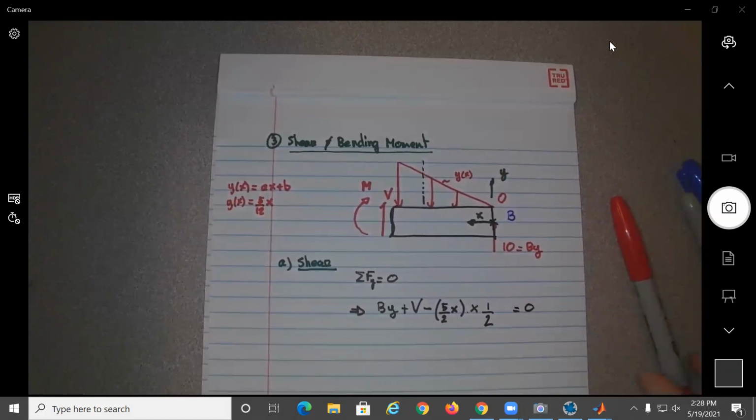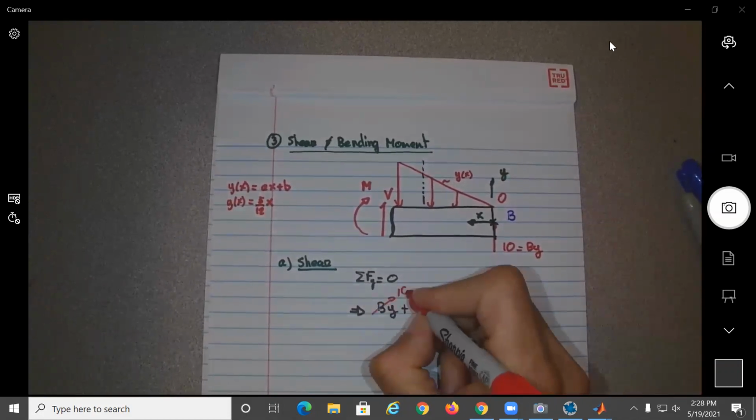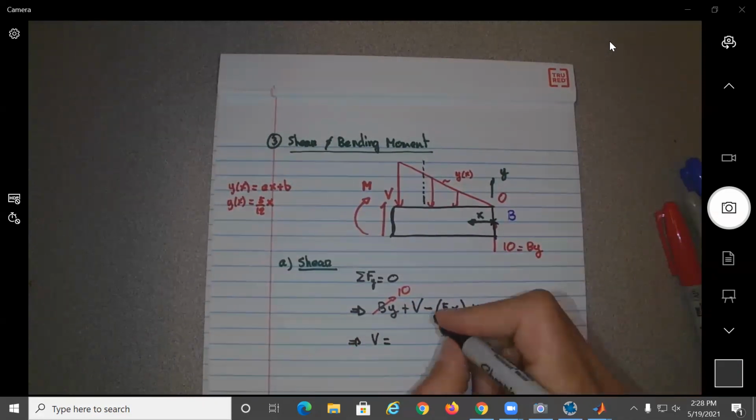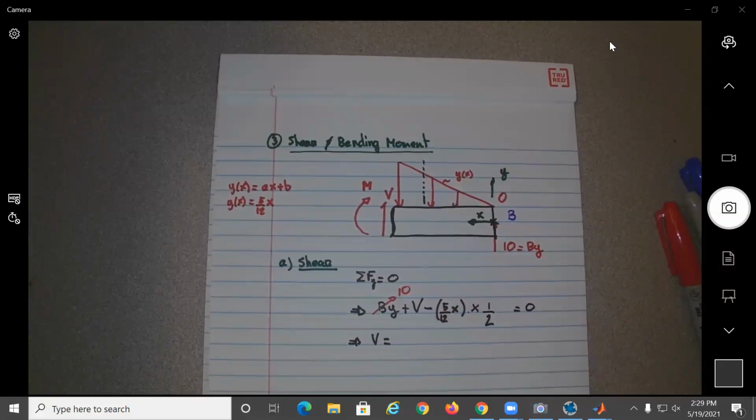So now, if we substitute by its values, we can get the expression for V. So you can get V equal to, let's see what? Oh wait, I put 5 over 2, it is 5 over 12, be careful.